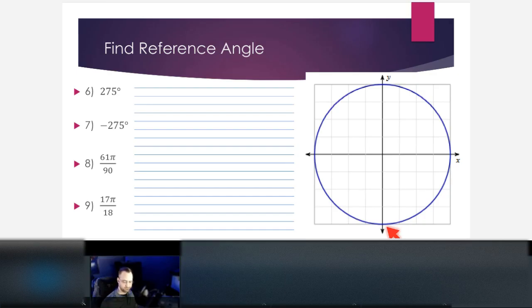I think it's very helpful. Got another 20 seconds left.